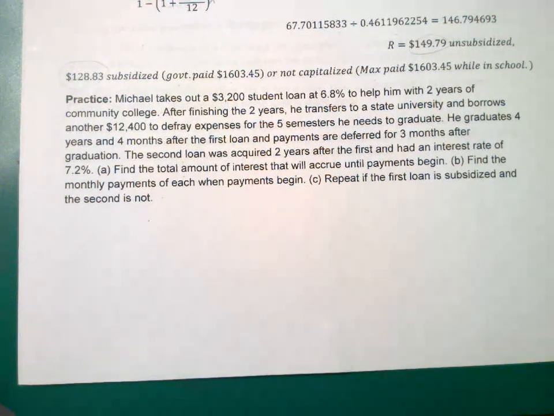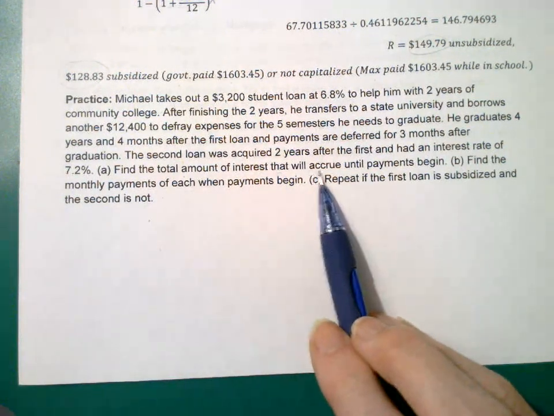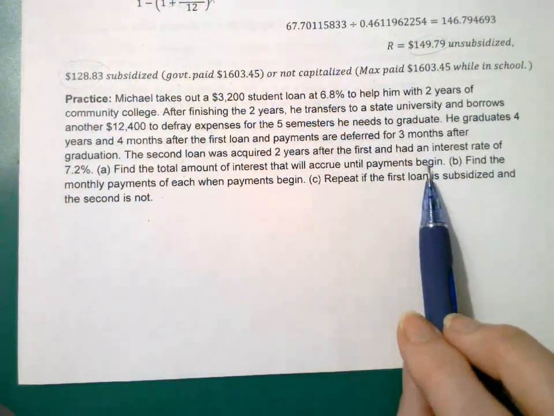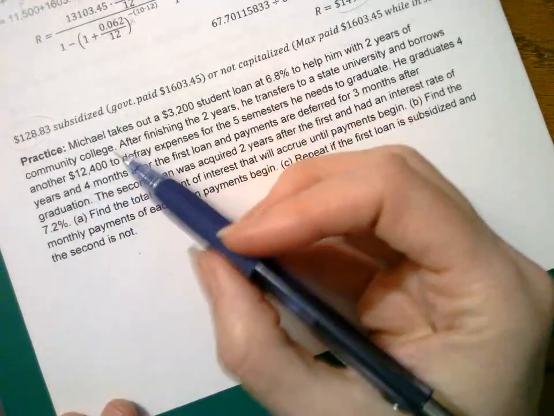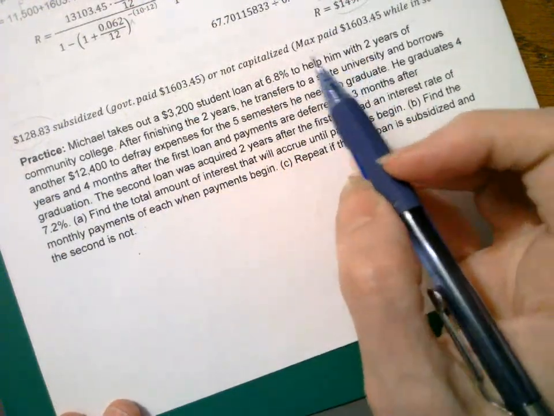After finishing the 2 years, he goes on and it gets more complicated. So one thing at a time here. We want to find the total amount of interest accrued until the payments begin. So let's start with this loan for $3,200 at 6.8% for 2 years.